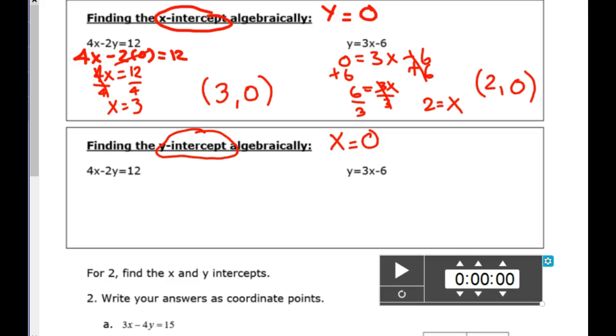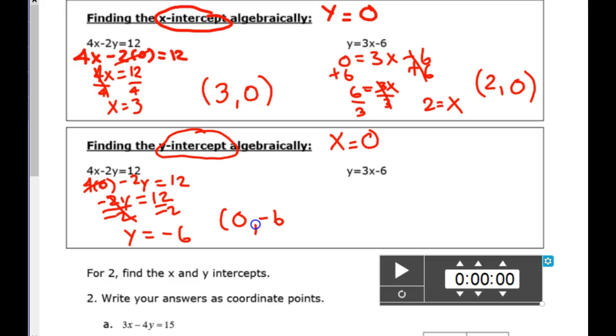All right, so let's do this. Did you set it up like this, plugging in 0 for x, and then you get negative 2y equals 12, dividing by negative 2, and y equals negative 6. 0, comma, negative 6, right?